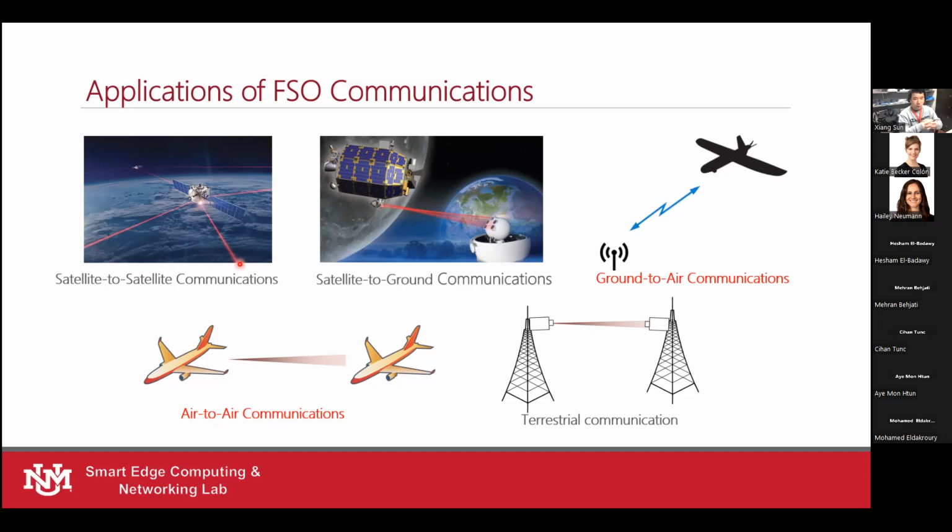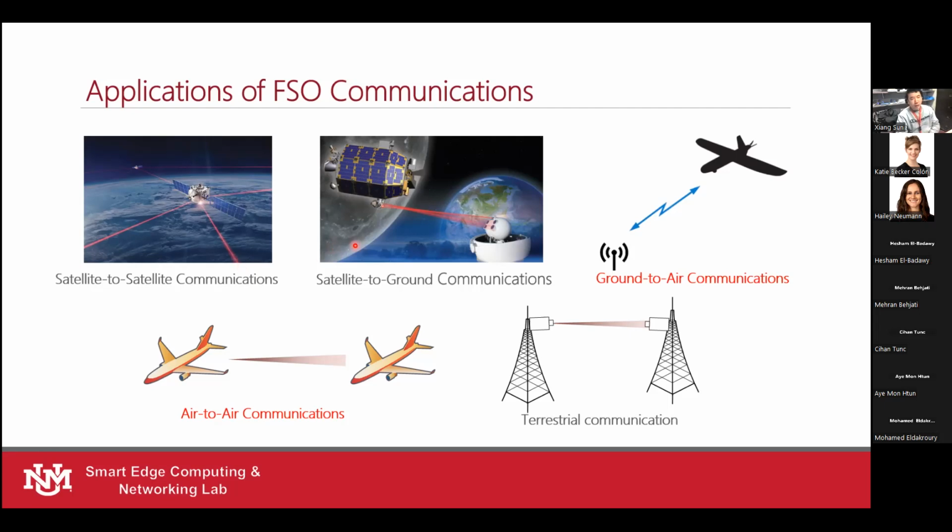The solution for satellite-to-satellite communications in the Starlink project right now is the Q band and Ka band RF communications. But there's a rumor that for the next generation of Starlink, they are going to use free space optical communications to achieve the satellite-to-satellite communications.